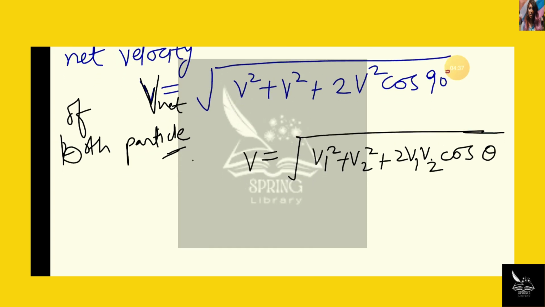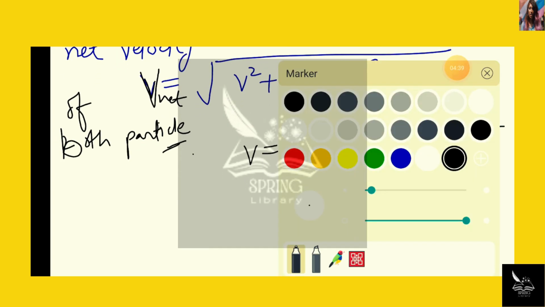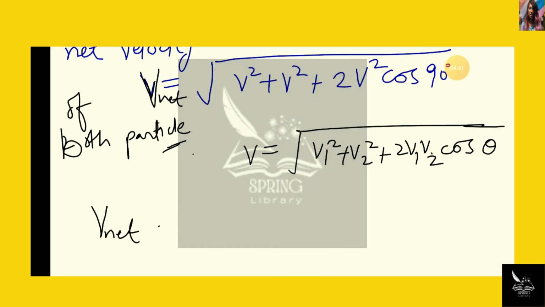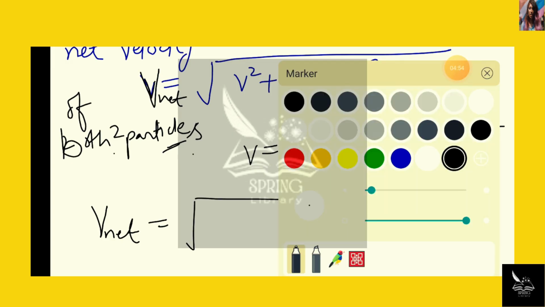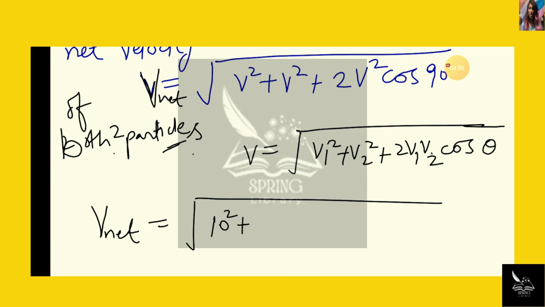So v net will be the net velocity of both particles, equal to the square root of 10 square plus 10 square plus 2 times 10 square times cos 90.